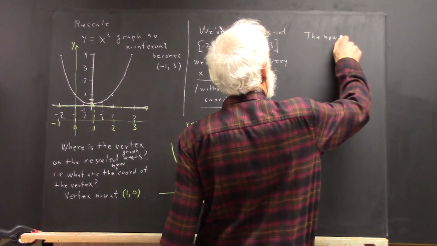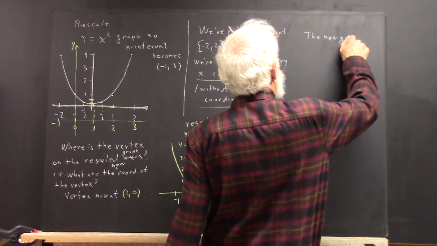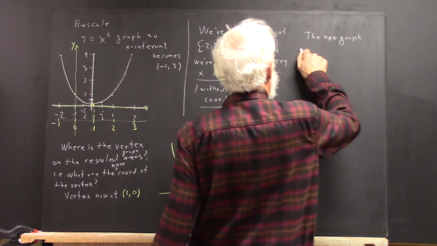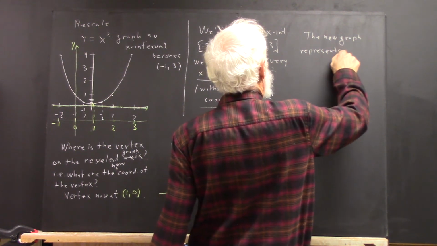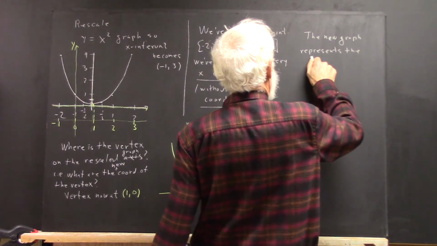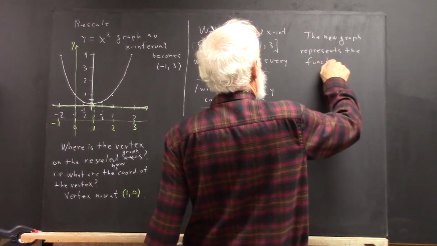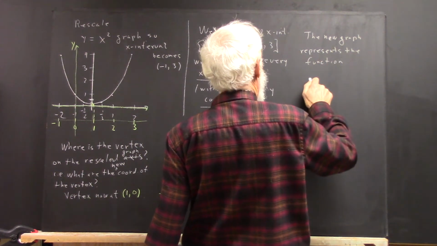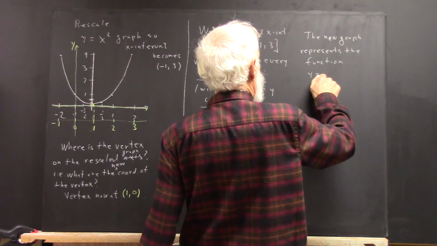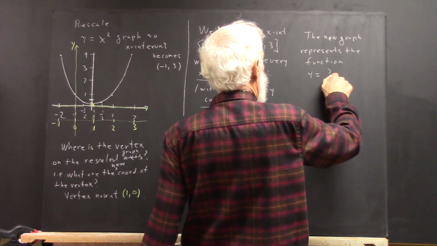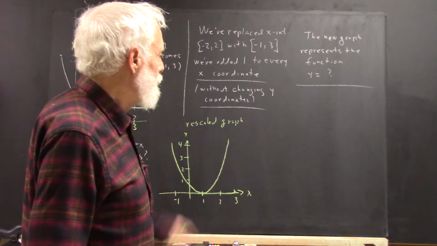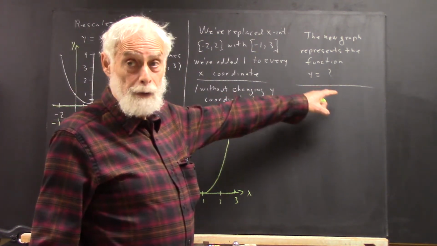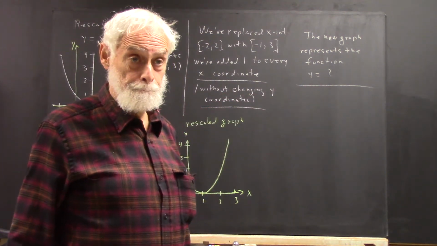The new graph, let's say represents a function, it's got a formula and it's not x squared anymore, right?